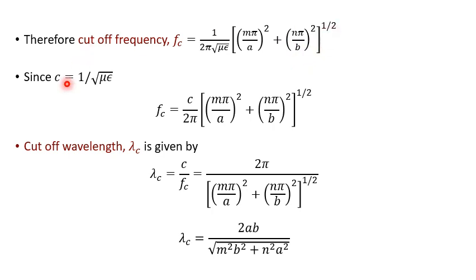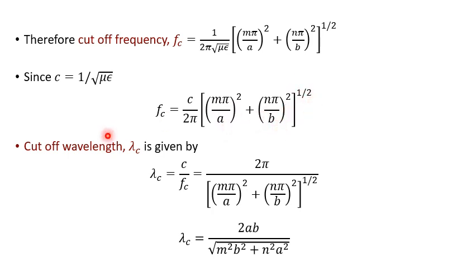You already know that the speed of light c is the same as 1 by root mu epsilon, so you can replace this expression in terms of the speed of light. The cutoff frequency fc is equal to c by 2 pi into m pi by a the whole square plus n pi by b the whole square the whole raised to half.